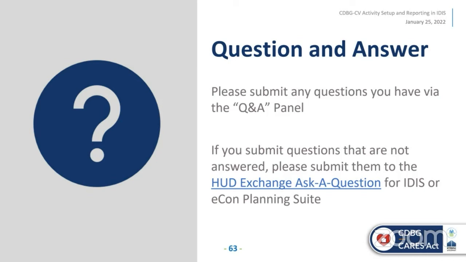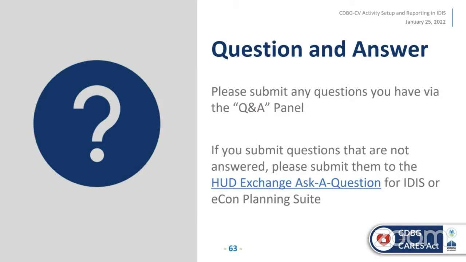The answer is no. The CV activities are also subject to the at-risk flag if the activity meets one of these 3 criteria, which is no draws for 1 year, 80% funds drawn with no accomplishment, or 3 years no accomplishment. So CV activities are also subject to the at-risk flag. Thank you, Puping.